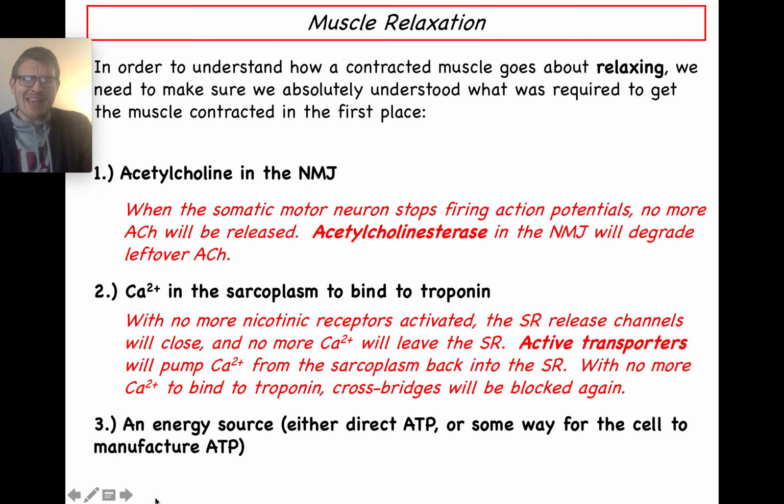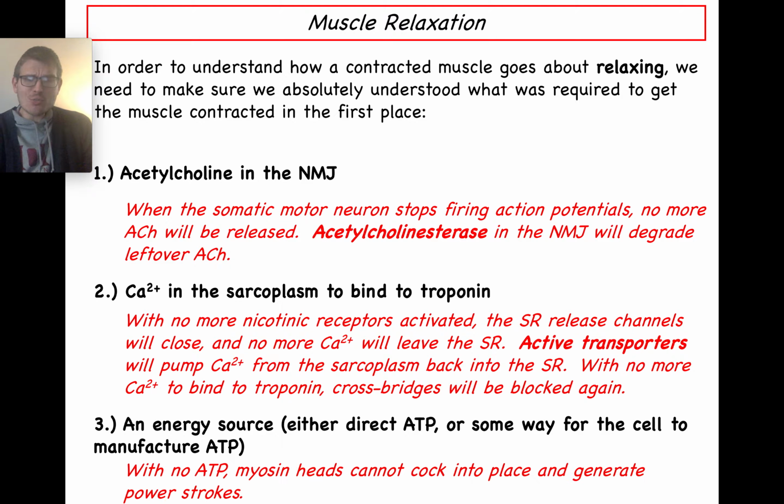And then number three here is kind of interesting because we're not necessarily going to do anything specifically in terms of reversing course here, but it is worth mentioning that for now, and this will be important in a little while, if we did get to a point where there was no ATP, the myosin heads would not be able to cock into place to generate power strokes.